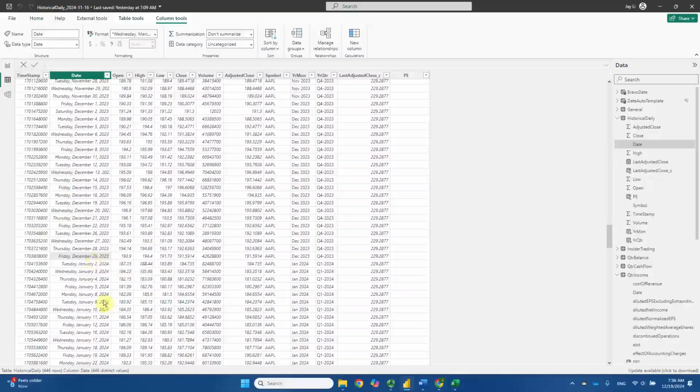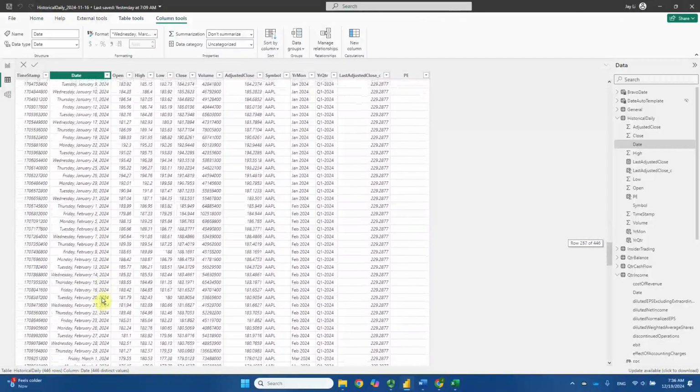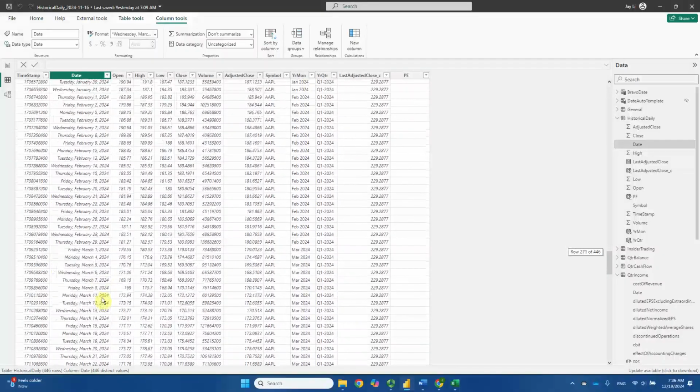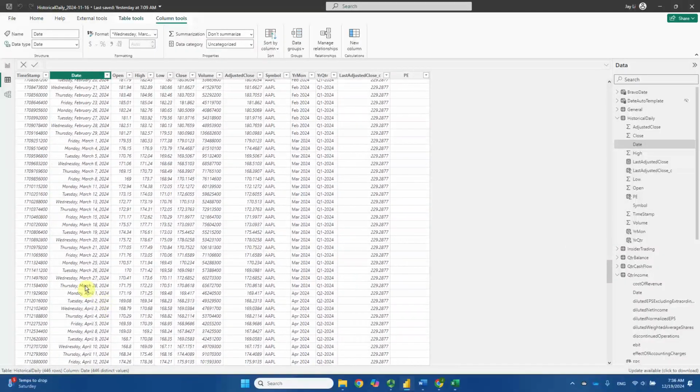How about the first quarter of 2024? The last trading day of the first quarter of 2024 is March 28th. Again, that's not the last calendar day, which should be March 31st. So for this quarter, you cannot retrieve EPS last year from the quarterly income data set.